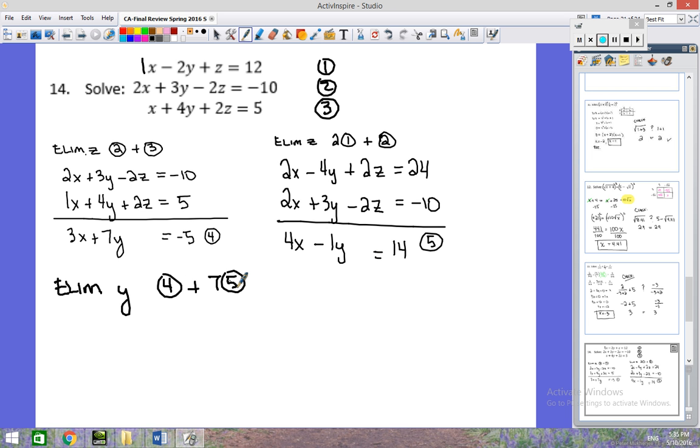Now this is just my scratch work to help me keep things straight. So this equation 4 is 3x plus 7y is equal to -5. Here everybody gets multiplied by 7. So I've got 28x minus 7y, and 7 times 14 might be 98. Let's see. Yeah.